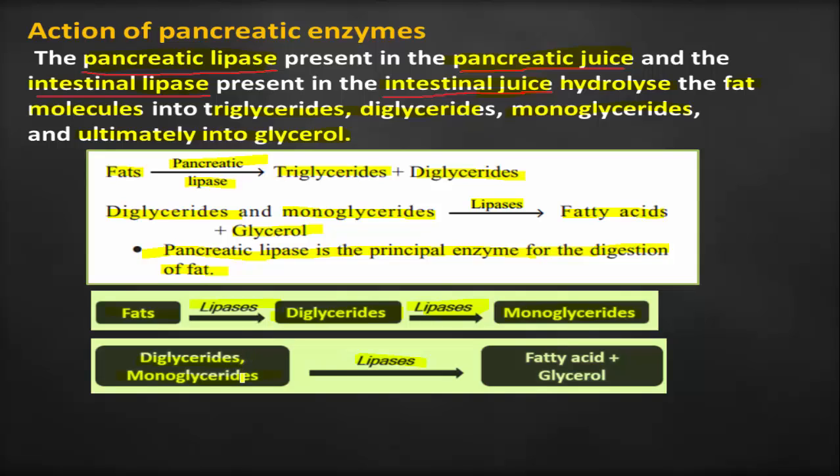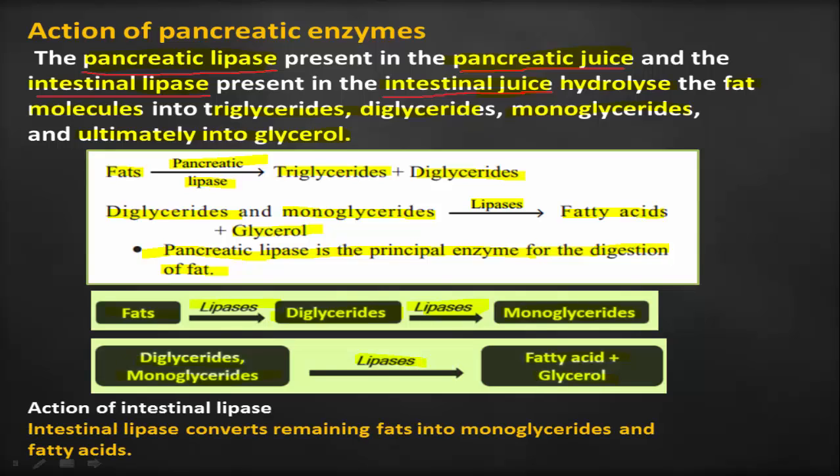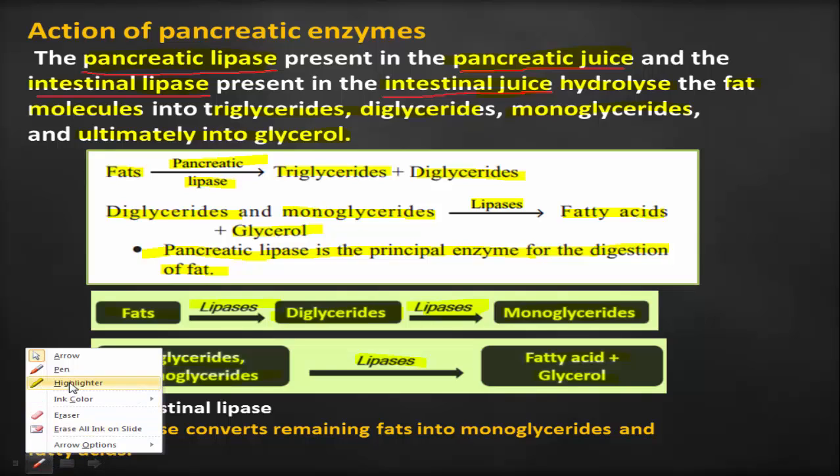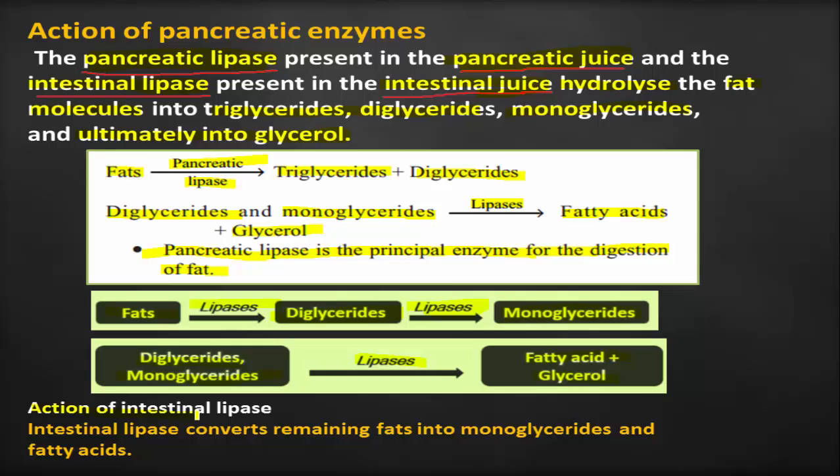So both diglycerides and monoglycerides are finally broken down into the fatty acid and glycerol with the action of lipase. Then what is the function of intestinal lipase? The intestinal lipase converts remaining fats into monoglycerides and fatty acid.